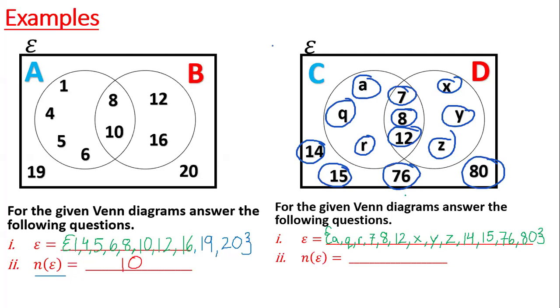Okay. And so those are going to be the elements in the universal set. But my question is, what is the number of elements in the universal set? 13. There's 13.